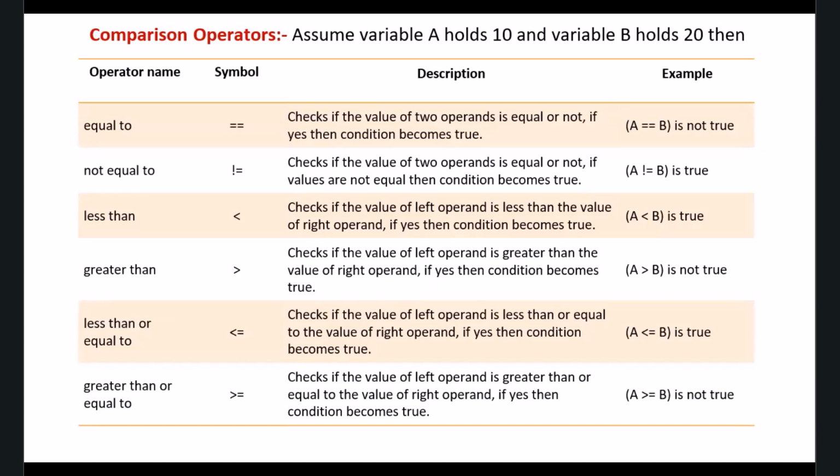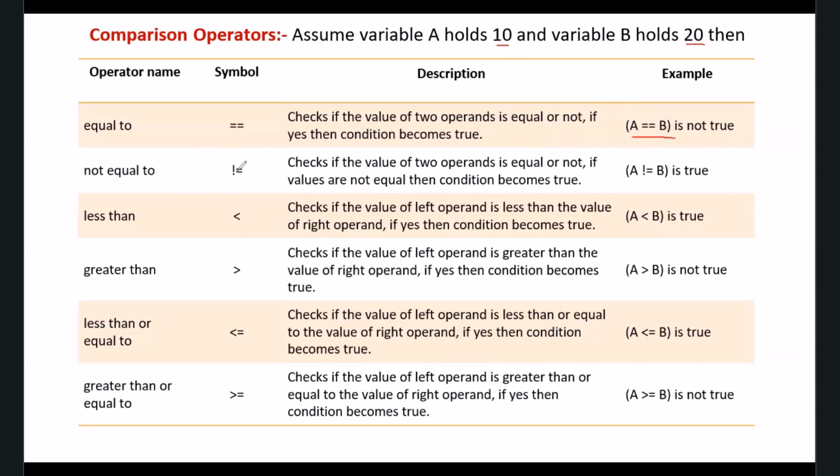Now here, the double equal to symbol is basically used for checking whether the operands are equal, like A equals equals B. Here for this example, A is 10 and B is 20, so it is not true.